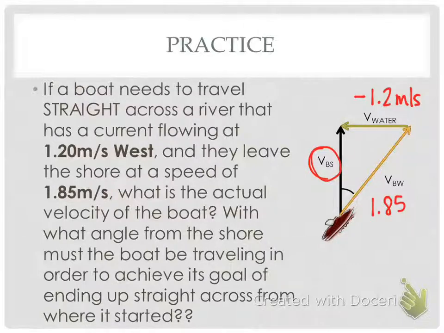We can use Pythagorean theorem, right? But we already have our hypotenuse. So it has to be 1.85 squared equals 1.2 squared plus v squared.